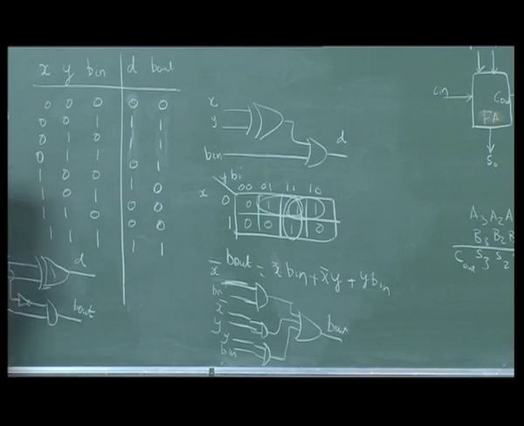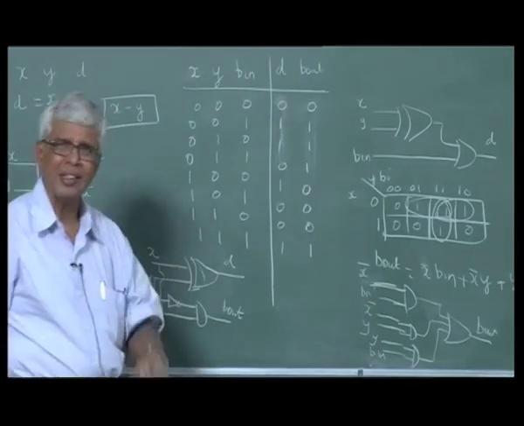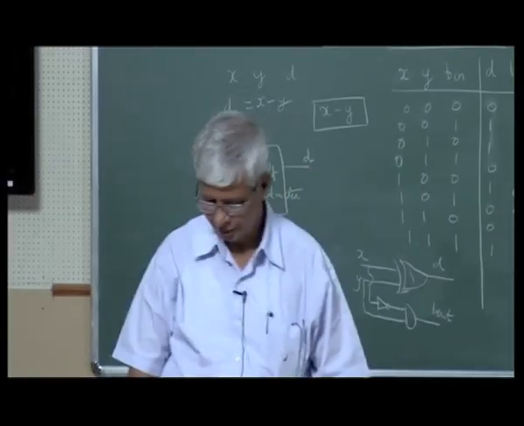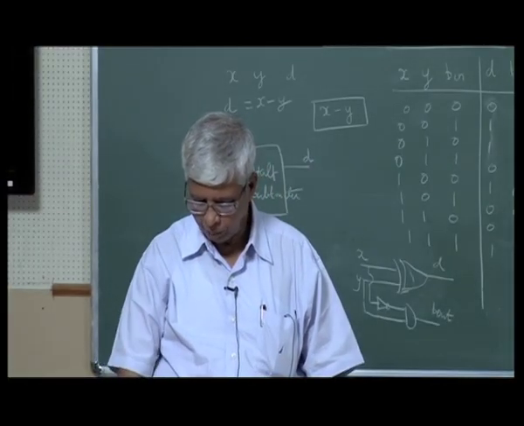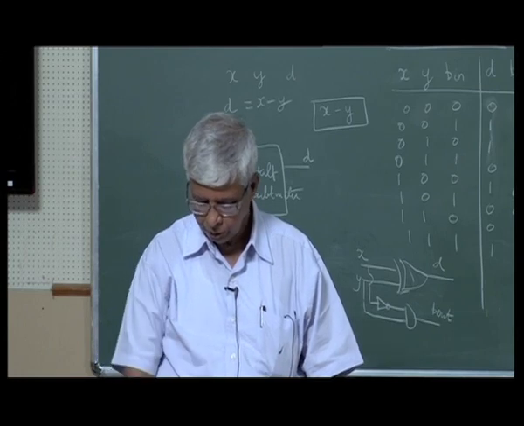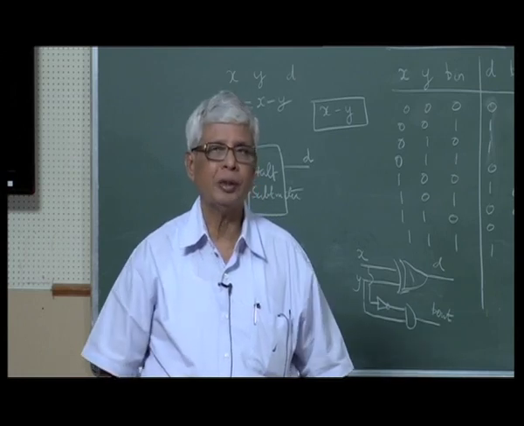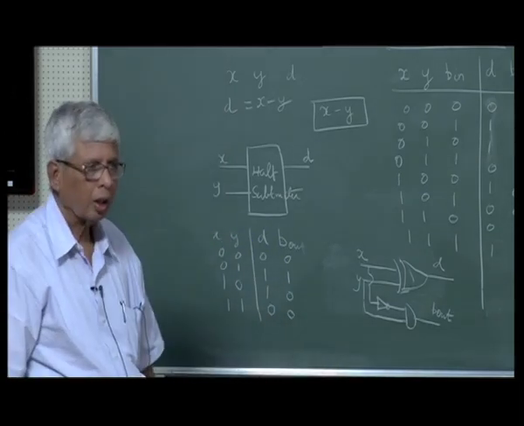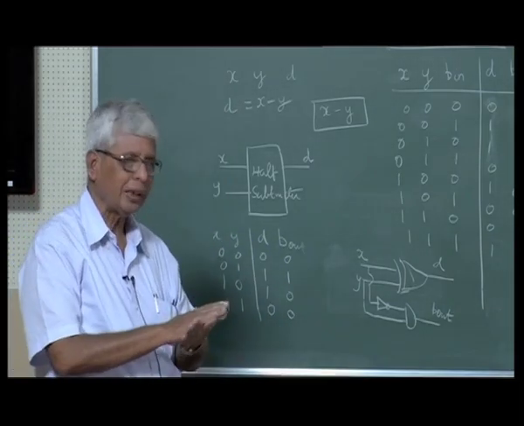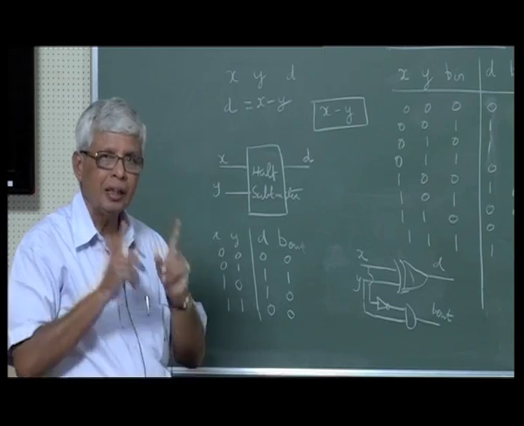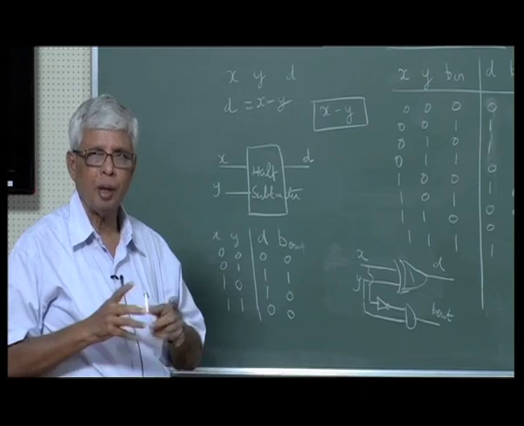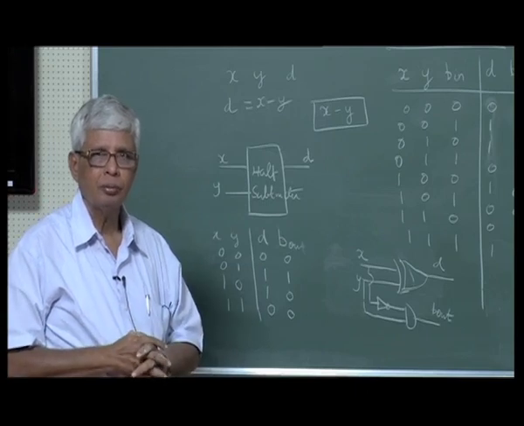This is a full subtractor, but generally we do not do subtraction like this, we already talked about it. When we talked about number complements, 1's complement, 2's complement, we said subtraction is carried out as addition of complement numbers.